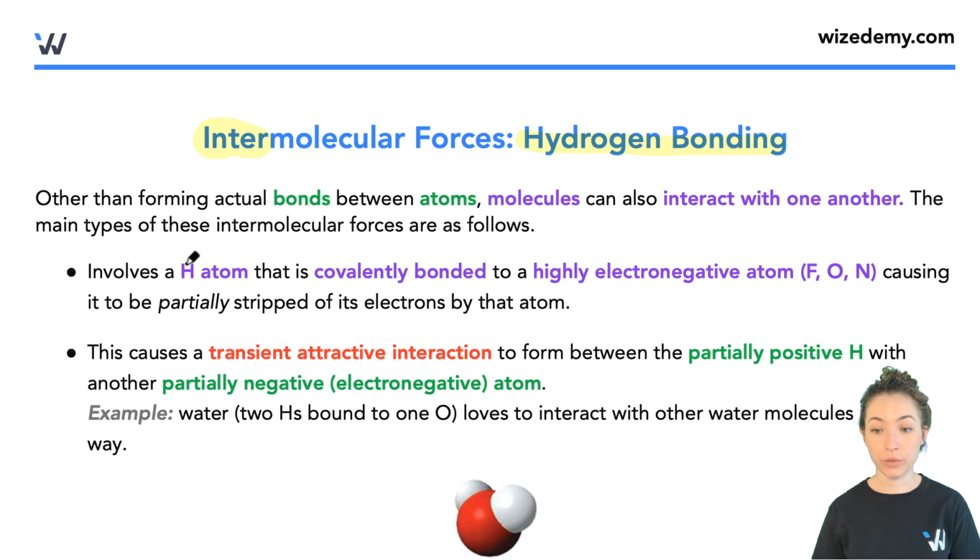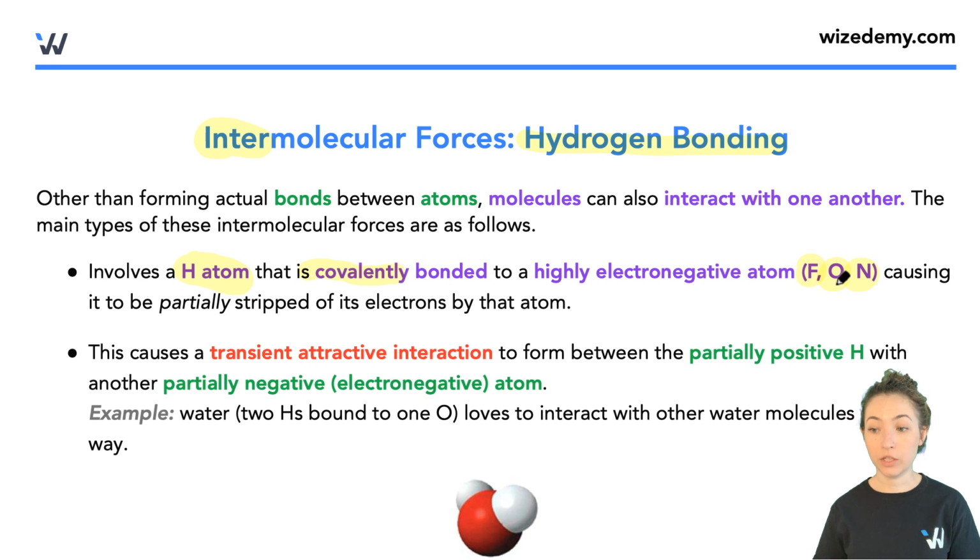Now, this occurs when a hydrogen atom is involved in a covalent bond to a highly electronegative atom, typically fluorine, oxygen, or nitrogen, and even more especially these two when we're talking about biological systems.